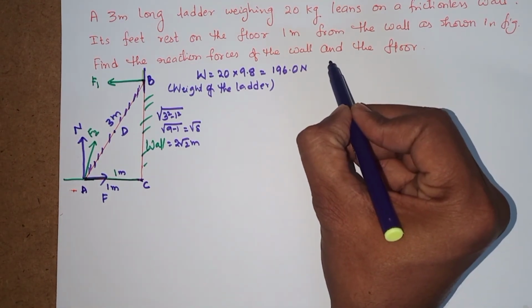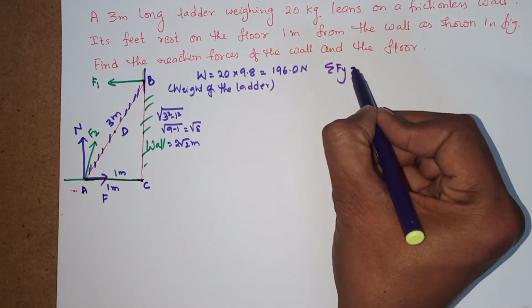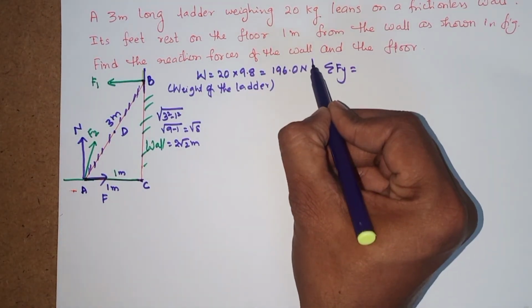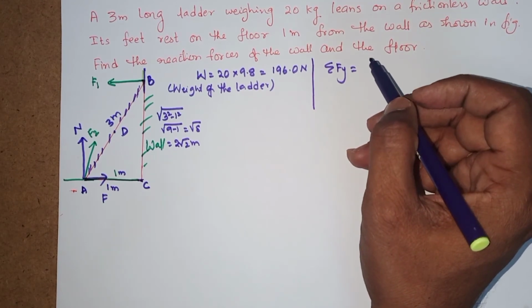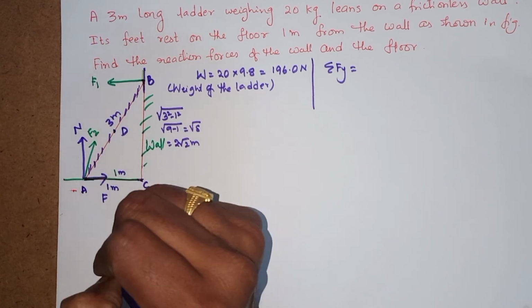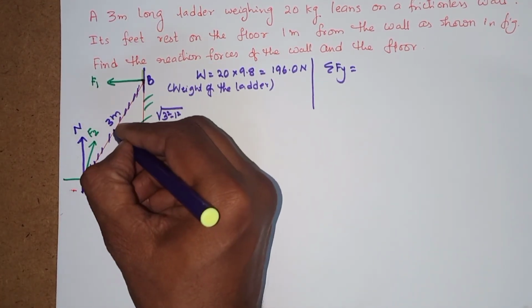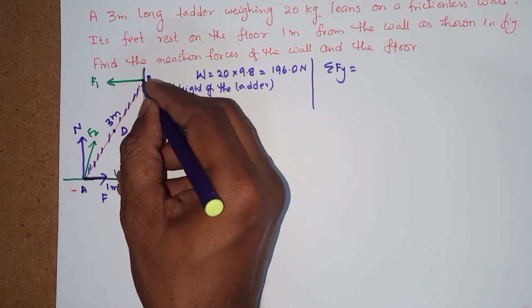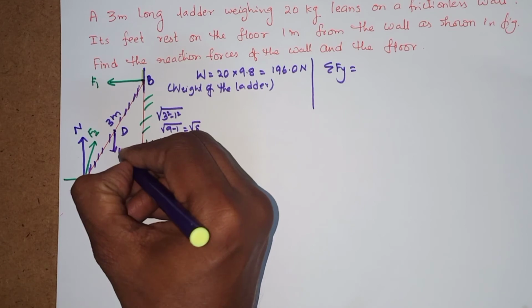Sigma Fy, the total y directional forces, is 0. What are the y directional forces? This is the upward force. Now this is the center point D, 1.5 meters from the bottom and 1.5 meters from the top, where the weight is acting downward.